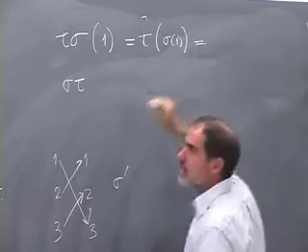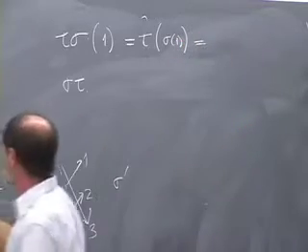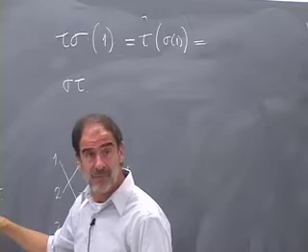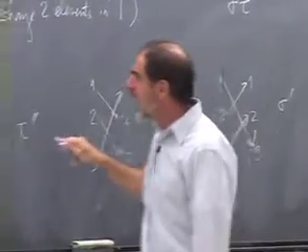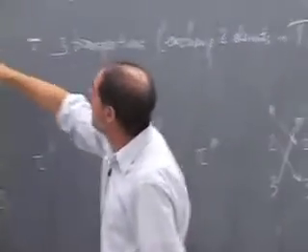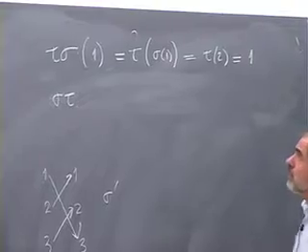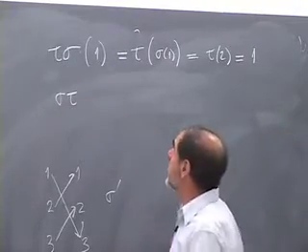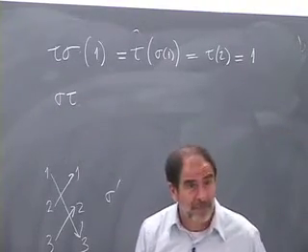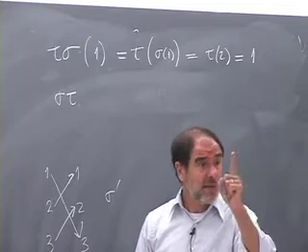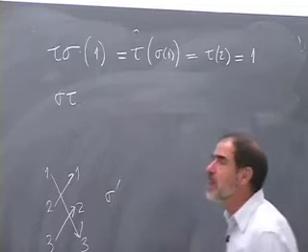Sigma of 1 is by definition 2. And tau of 2 is 1. So this permutation, whatever it does, fixes the element 1.